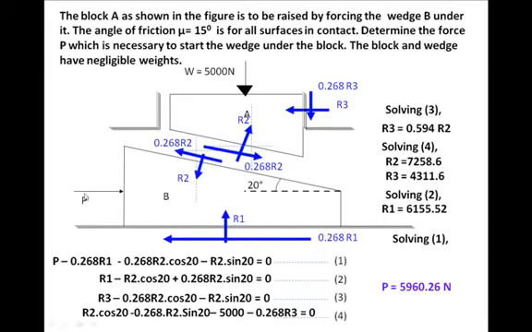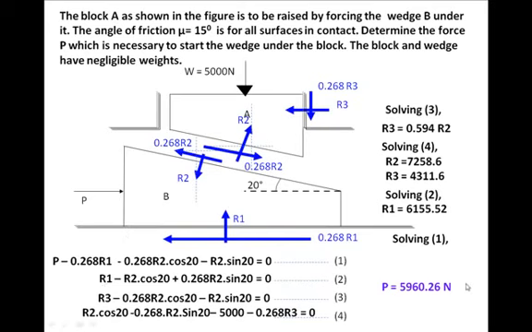So we have managed to solve for P, and this lower body is wedge shaped, so this is called wedge friction. The speciality of this is that the wedge weight, and in this case even the upper body weight, is neglected. Sometimes the 5000 is clubbed with the upper body and together the weight may be 5000, but the wedge weight is surely very much less than what you are trying to lift.